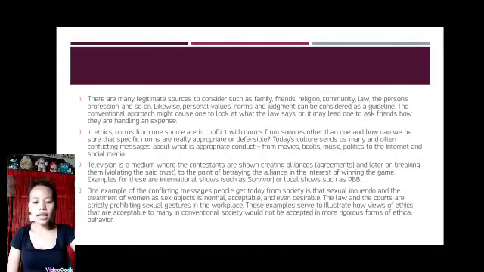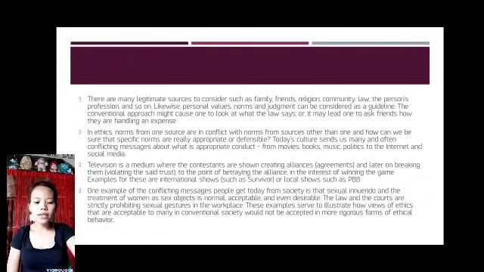The conventional approach might cause one to look at what the law says, or it may lead one to ask friends how they are handling an expense. In ethics, norms from one source may be in conflict with norms from other sources, and how can we be sure that the specific norms are really appropriate or defensible?